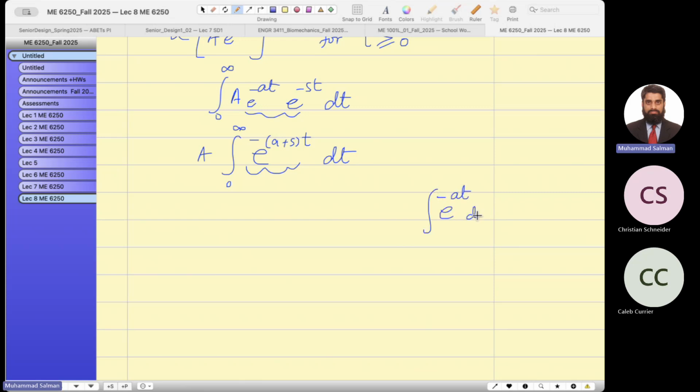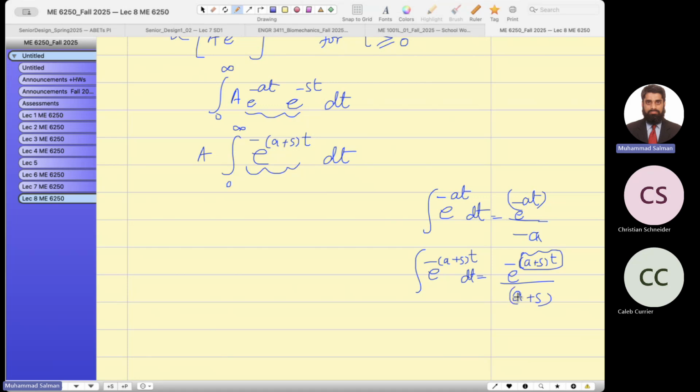If you do the integral, it should be e to the negative at divided by the derivative of this exponent, which is negative a. Similarly, if you want to do the integral of e to the negative a plus s t, you will do e to the a plus s t divided by the derivative of this exponent with respect to t, which is a plus s, negative sign outside.